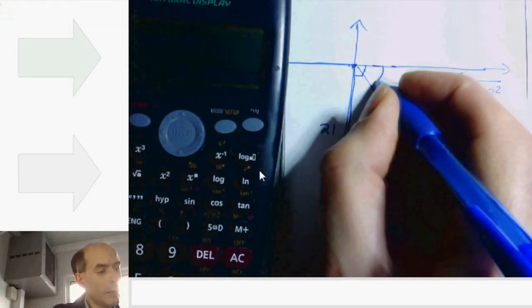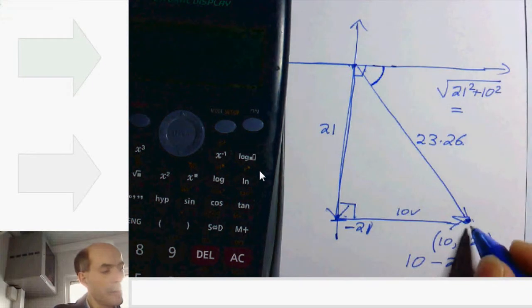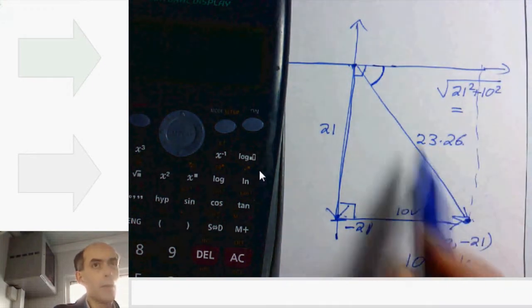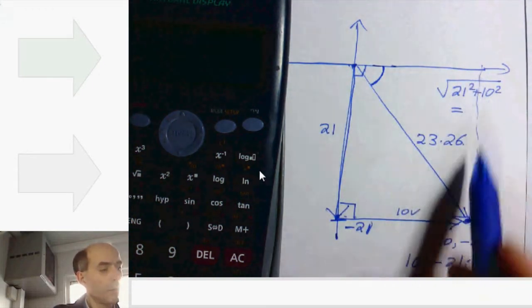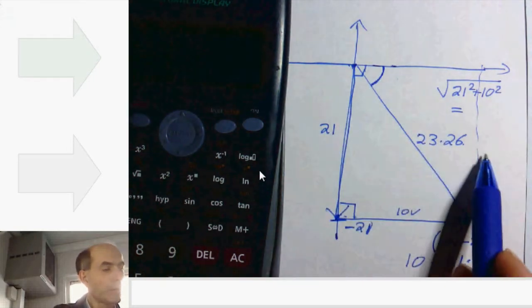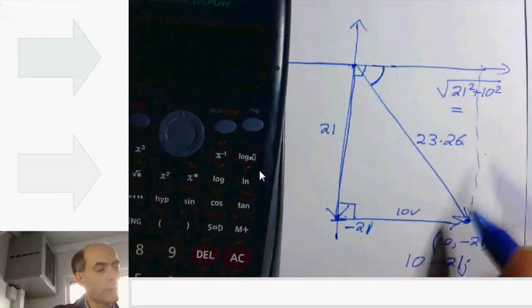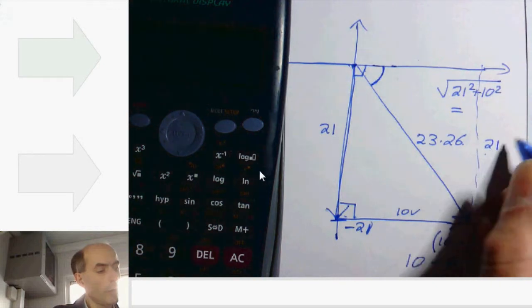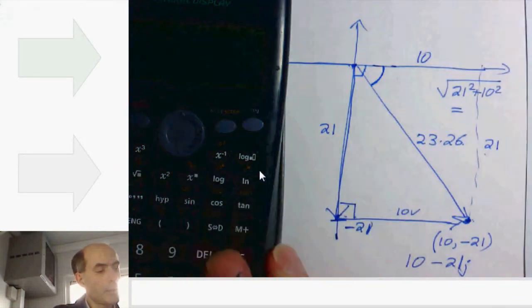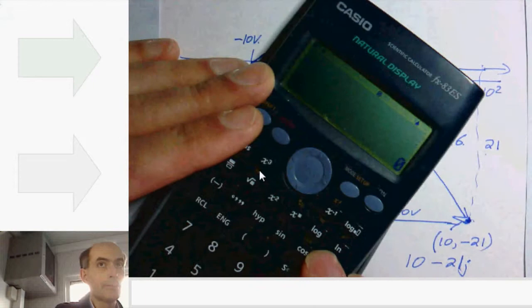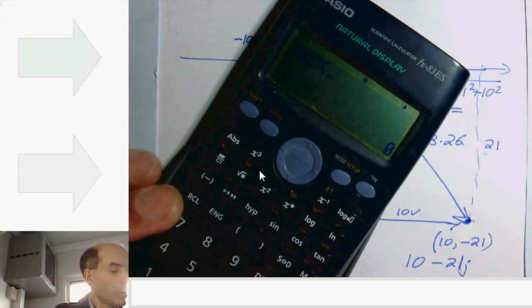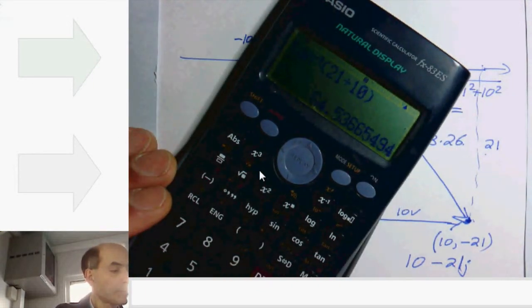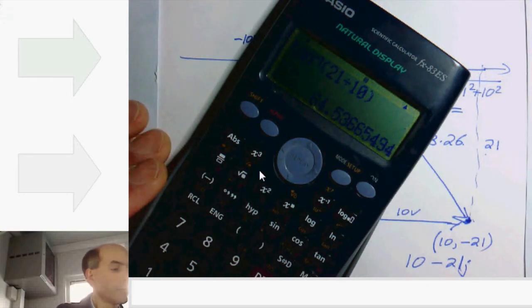And the angle here, well, that we could work out from this triangle here. It's the arctangent of opposite divided by adjacent. The opposite is 21, the adjacent is 10. So arctangent of 21 divided by 10, about 64.5 degrees.